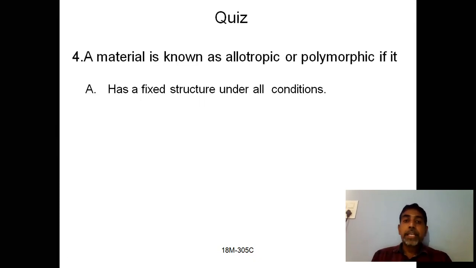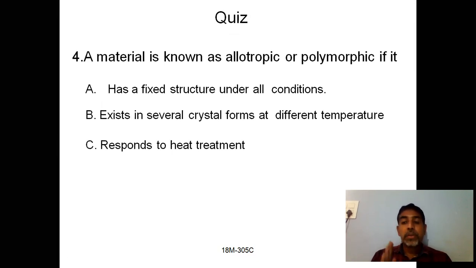And a material is known as allotropic or polymorphic if it exists... we know what is meant by polymorphic. Polymorphic means it exists in different crystal structures at different temperatures.